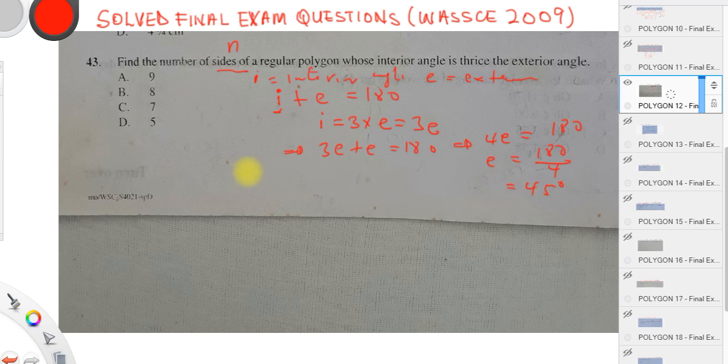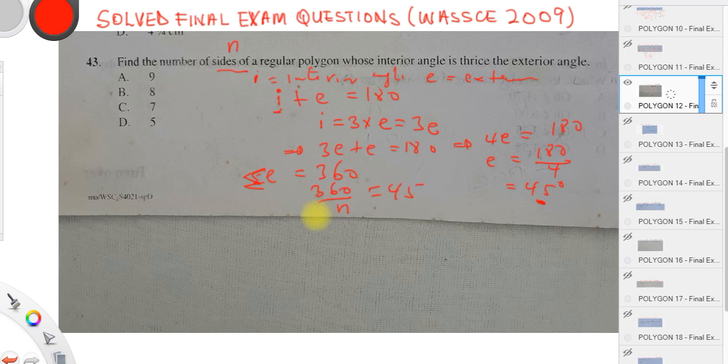So one exterior angle is given by 360 divided by n. It means each exterior angle, 360 divided by n, is equal to 45 degrees. So you can equate it to 45.